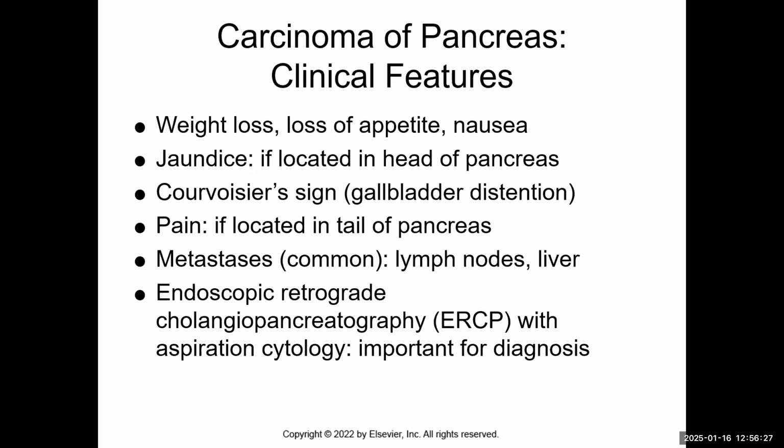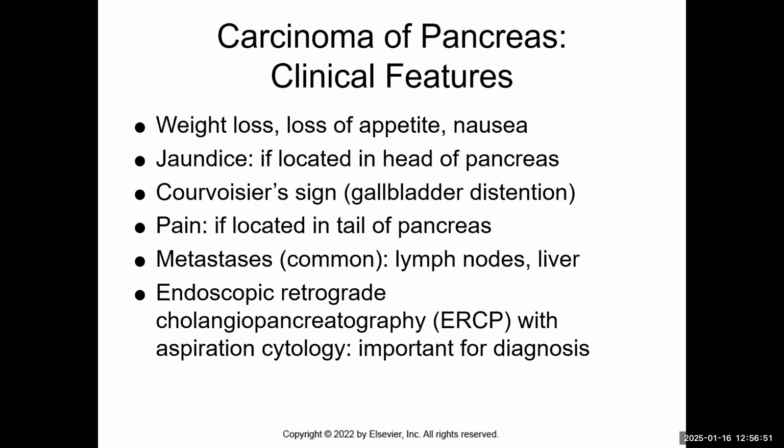So these patients will see, it depends on the location of the tumor, its size, and the extent of the spread. And we will typically see weight loss, loss of appetite, and nausea, especially if it's in the head of the pancreas. We see jaundice if it's in the head of the pancreas, because it blocks the common bile duct coming into the intestines.